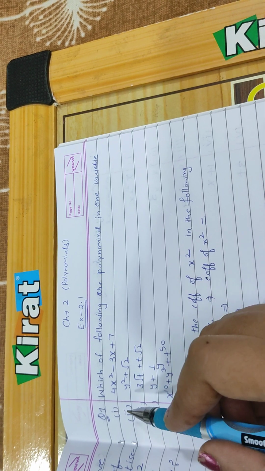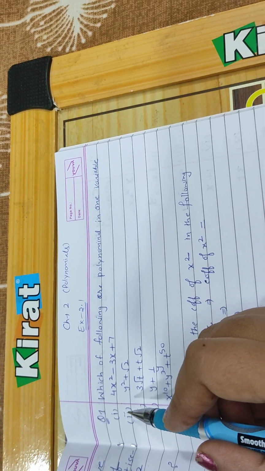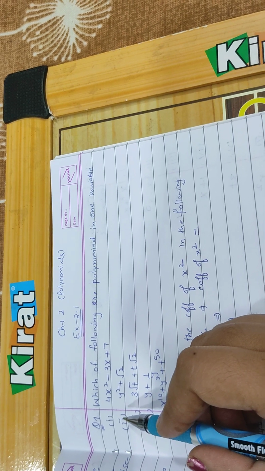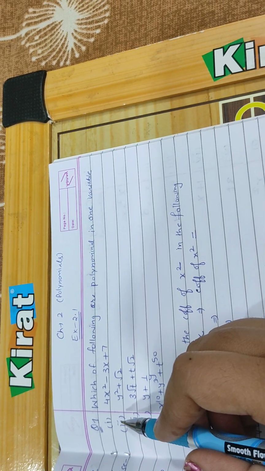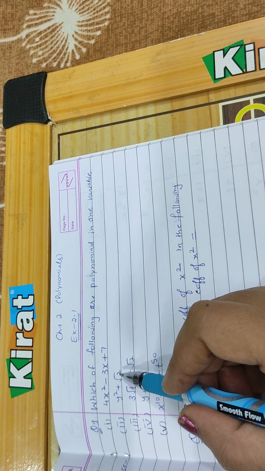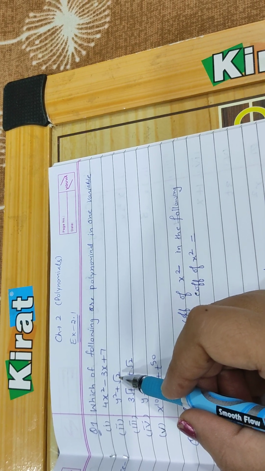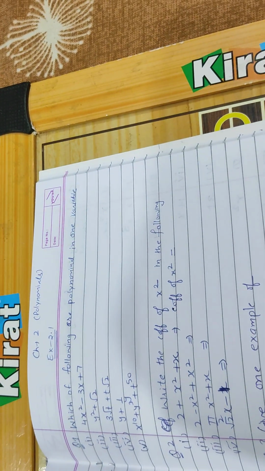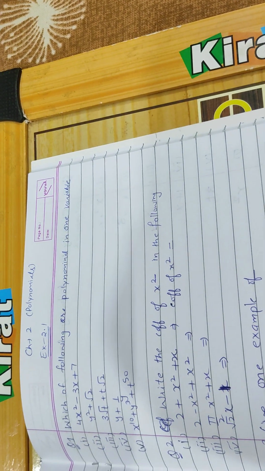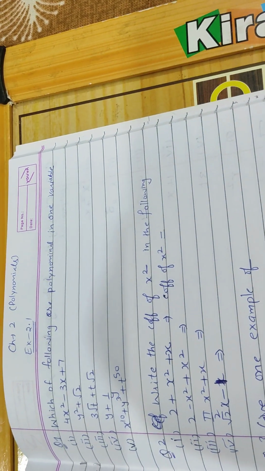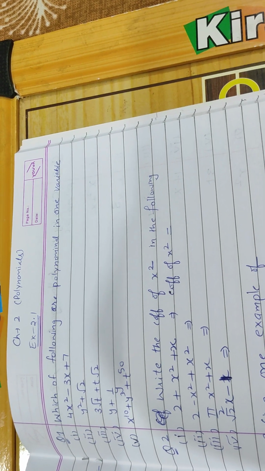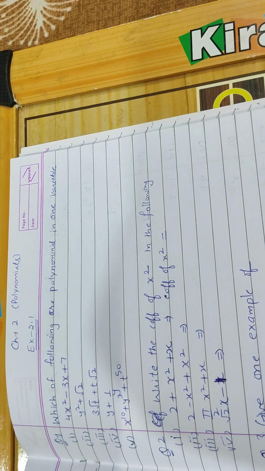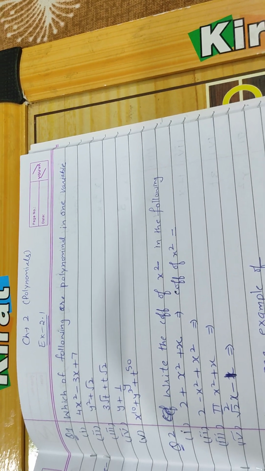So in the previous video I told you that the power must be a positive integer, or you can say non-negative. Non-negative means the power is only a whole number, never a fraction or negative.